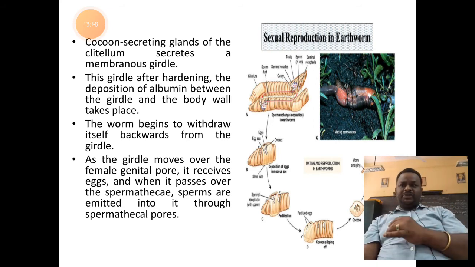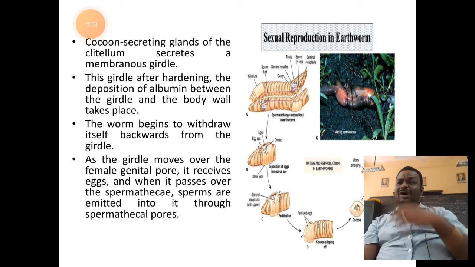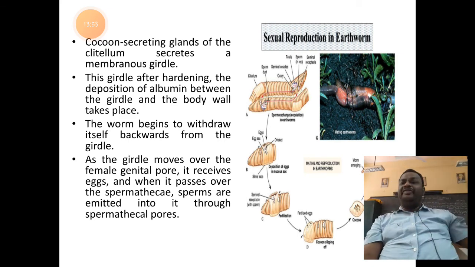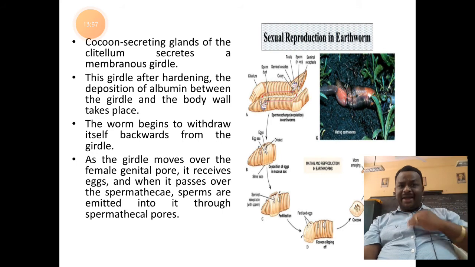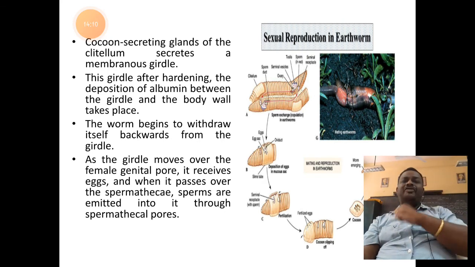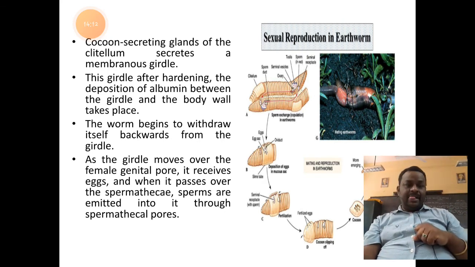As the worm moves completely out of the cocoon, the two ends of this ring-like cocoon girdle will get closed on either side. So, the content will remain inside, and towards the two ends there is closure of the cocoon girdle. So, it appears like a candy chocolate which is wrapped in a cover.